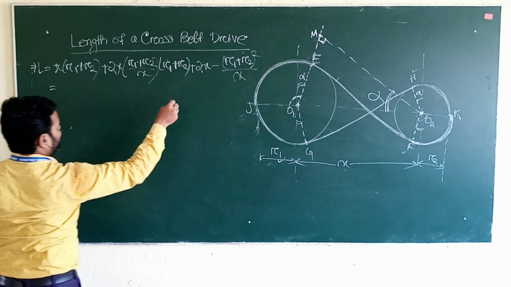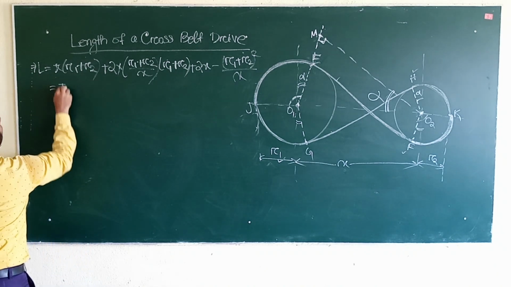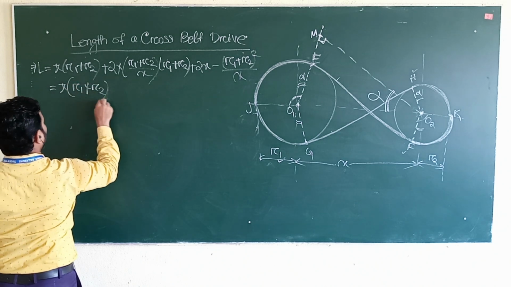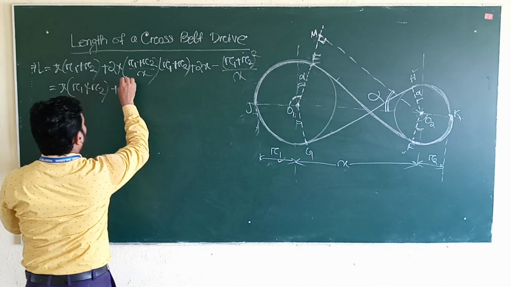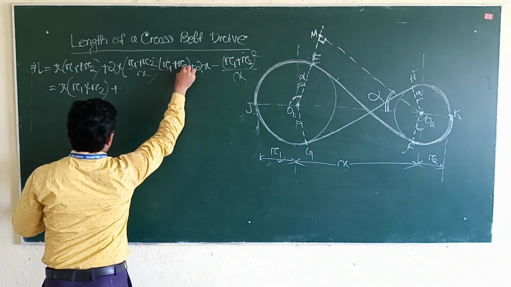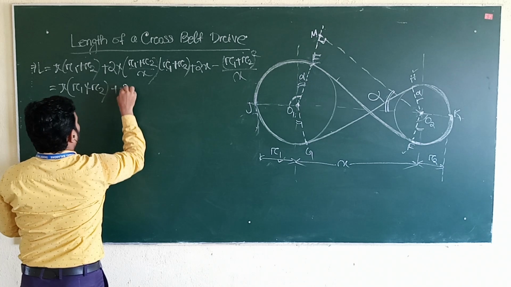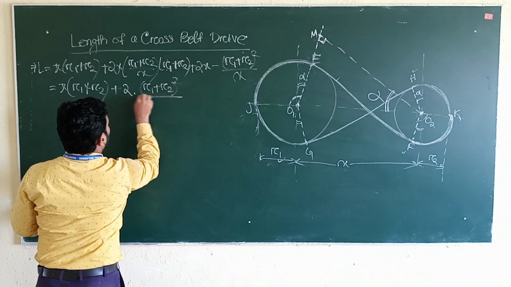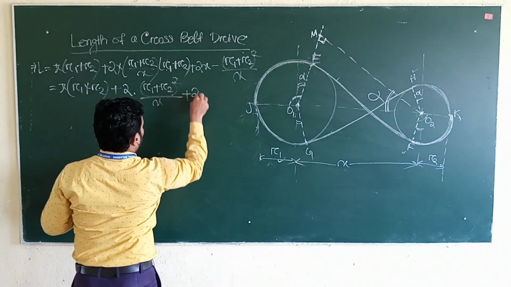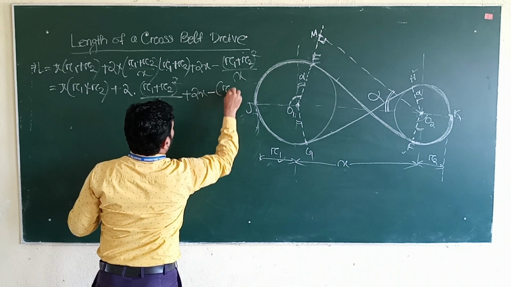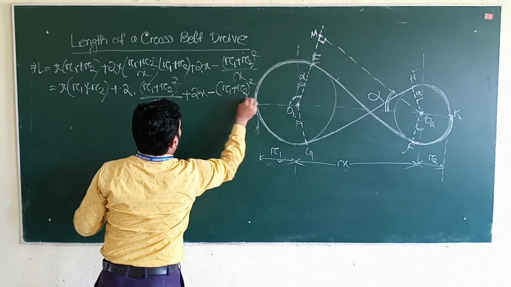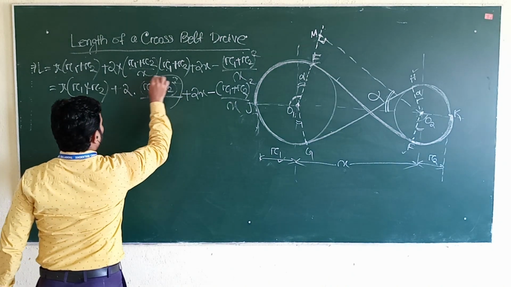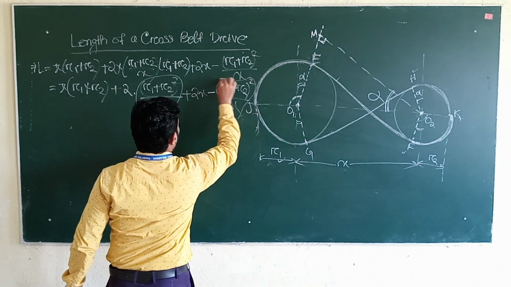Now we will simply multiply and take common. That is, pi into r1 plus r2 plus, this r1 plus r2, this is also r1 plus r2, so what is r1 plus r2 square? So you can write 2 into r1 plus r2 square divided by x plus 2x minus the remaining terms r1 plus r2 square by x. Now you will see the r1 plus r2 square by x here is also r1 plus r2 square by x.